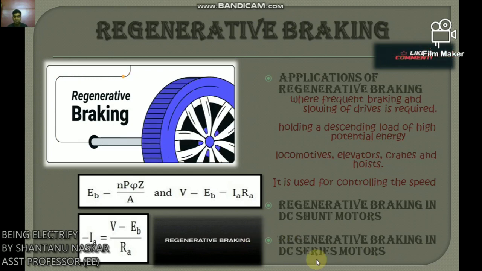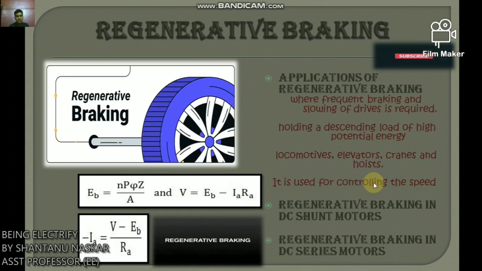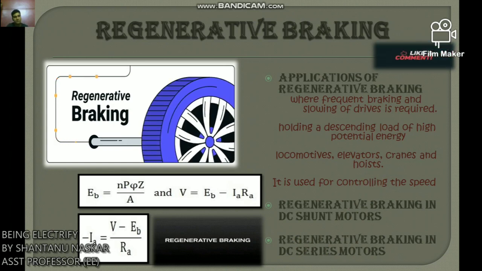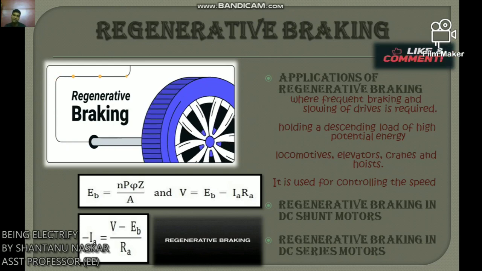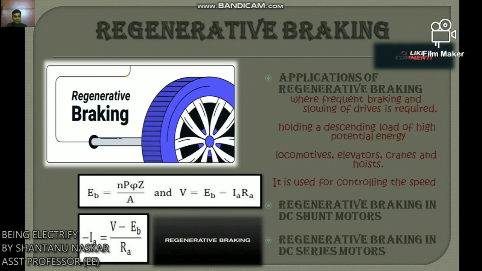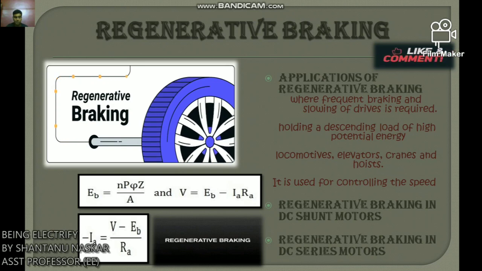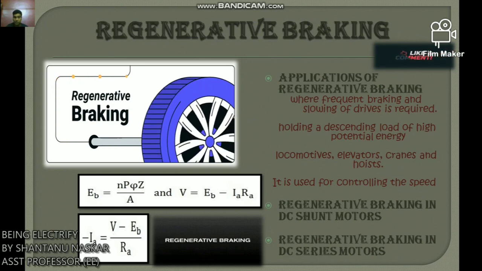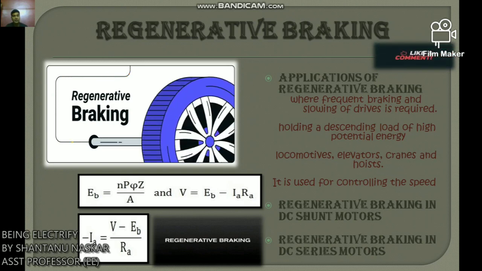Now regenerative braking in DC series motor. In case of DC series motor, an increase in speed is followed by a decrease in the armature current and field flux. The back EMF Eb cannot be greater than the supply voltage. Regeneration is not possible in DC series motor since the field current cannot be made greater than the armature current.